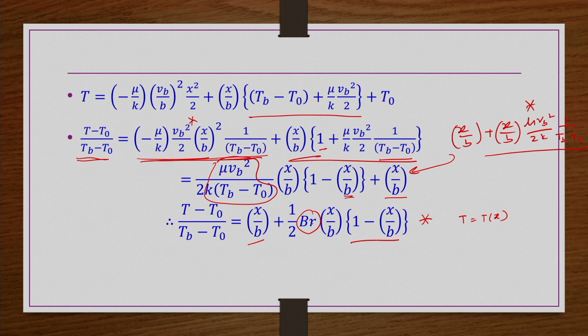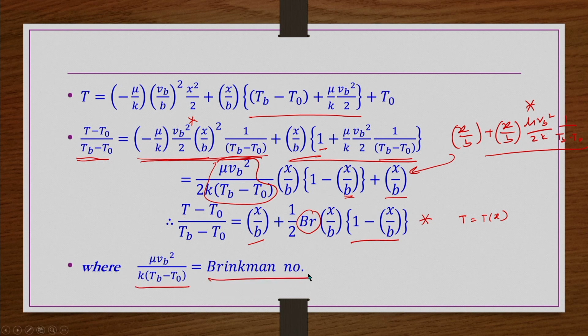All the other constants are grouped as mu Vb square by k Tb minus T naught, which is nothing but the Brinkman number. So, this is how we can obtain the temperature profile in the case of a viscous dissipation problem.